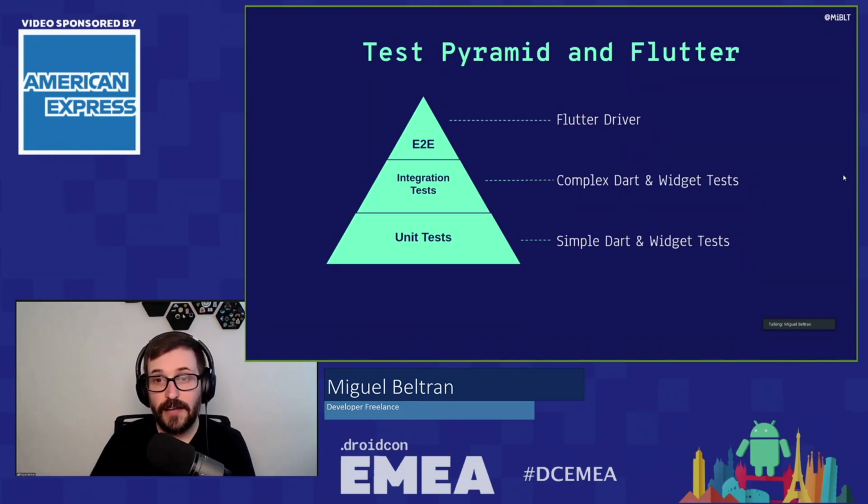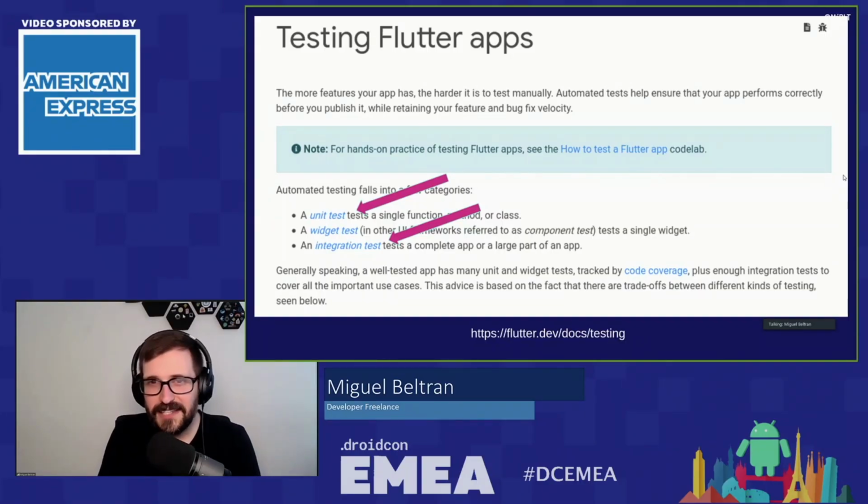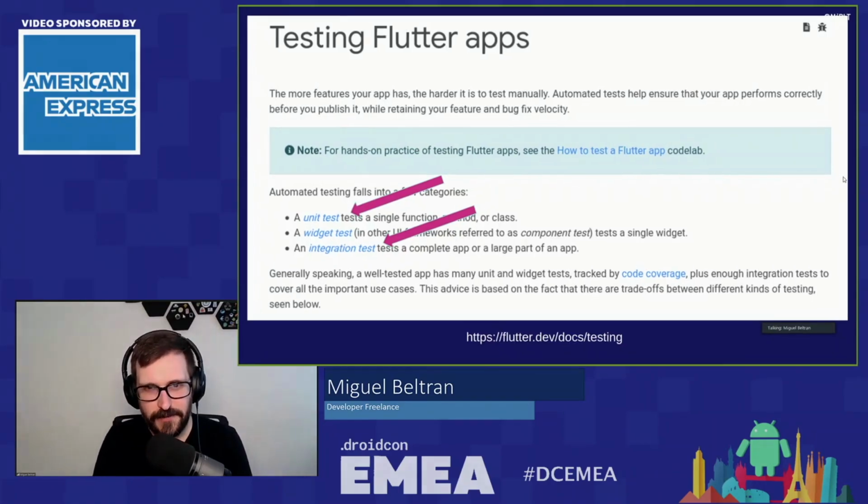And then you can also have unit tests, both as pure Dart tests that verify the functionality of one function, or a widget test that verifies the functionality of a single widget. And those for me are also unit tests. And actually, I disagree with the Flutter documentation that calls Dart tests unit tests, calls Flutter widget tests, and uses integration tests to refer to Flutter driver.